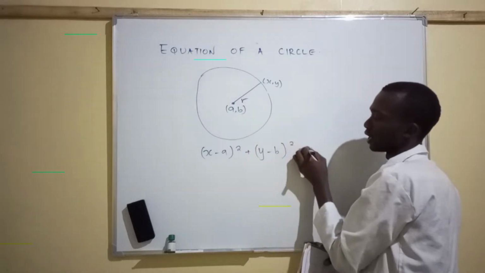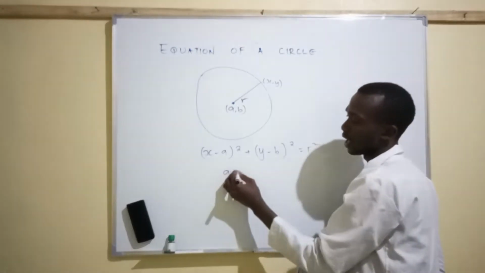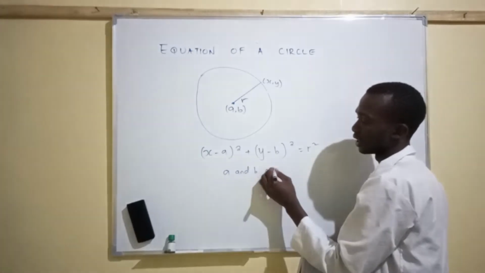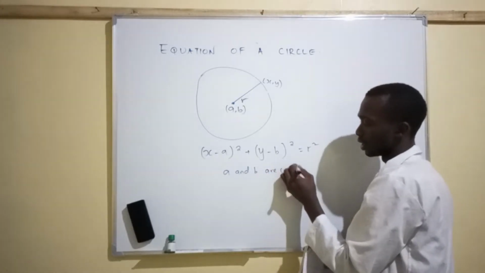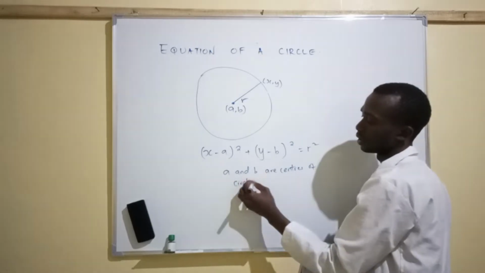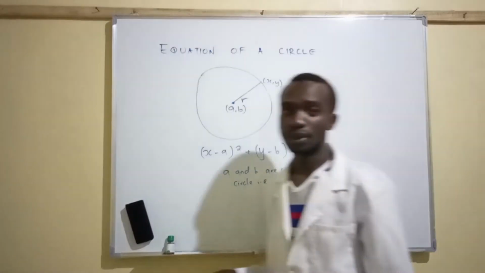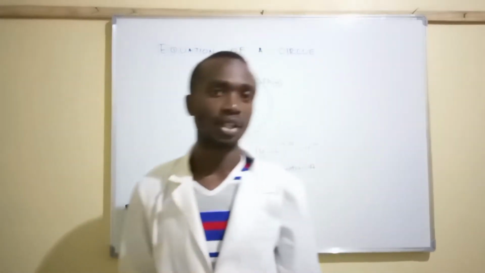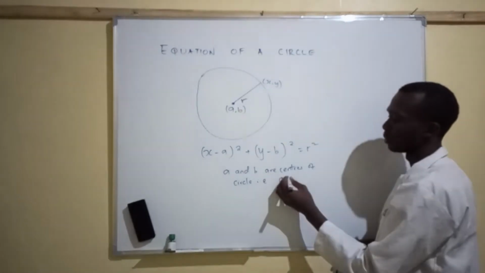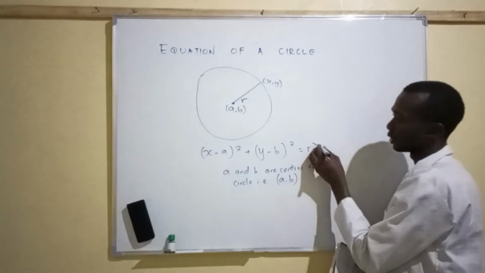This one should give you r squared, where a and b are the center of the circle, i.e. the center of the circle in coordinate form is (a, b).